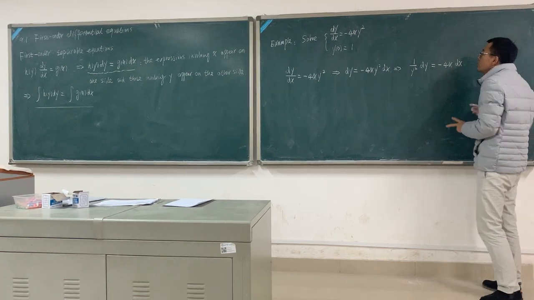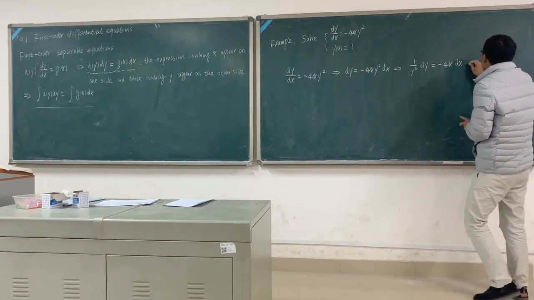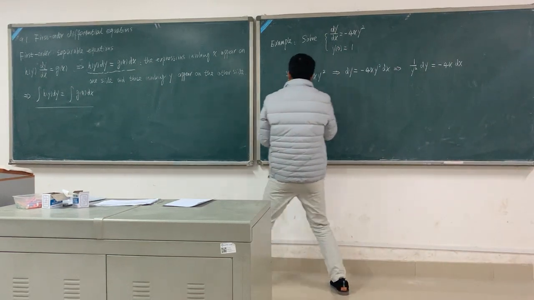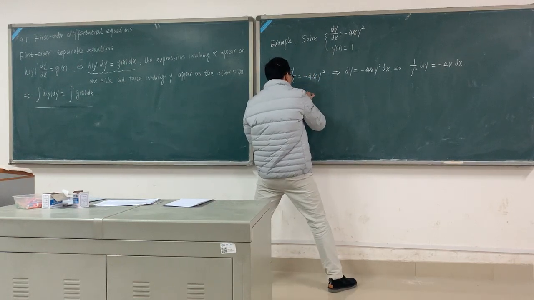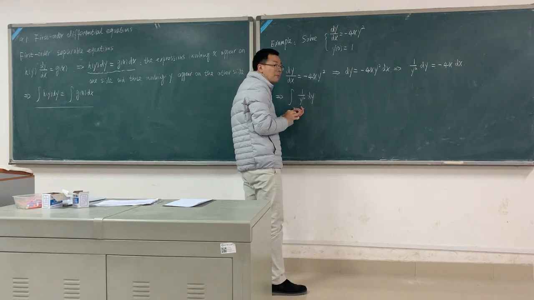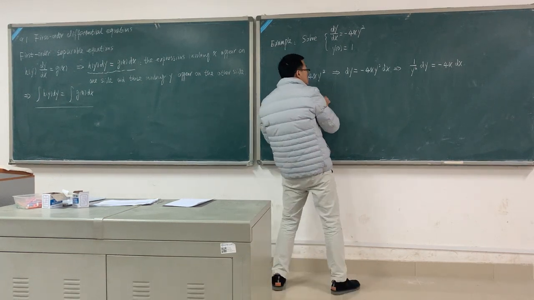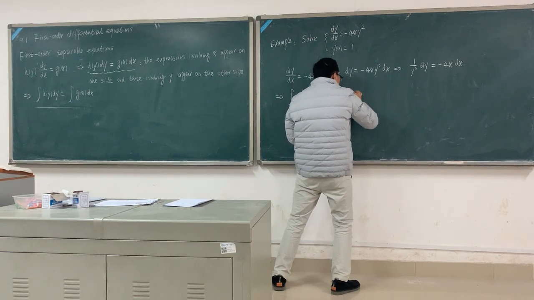So we integrate on both sides: the antiderivative of 1 by y squared dy equal to the antiderivative of minus 4x dx.